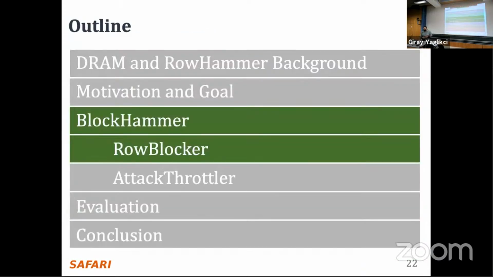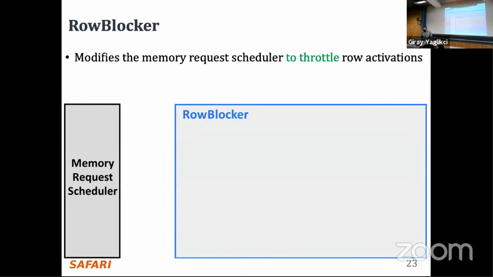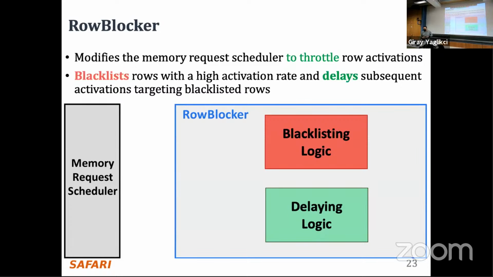I will explain how row blocker works next. Row blocker modifies the memory request scheduler to throttle row activations that could lead to bit flips. To do so, it blacklists rows with high activation rates and delays subsequent activations targeting them.